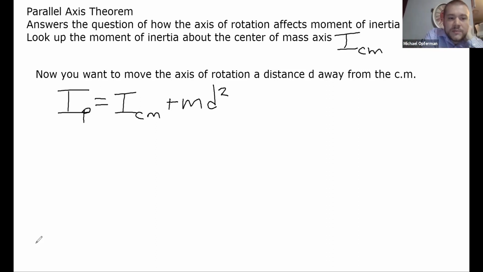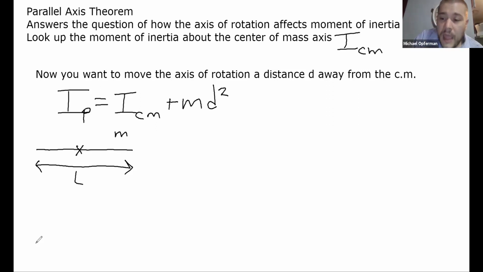Let's say we have this pen, and we're just going to imagine it is a uniform rod whose center of mass is in the middle, the length of the pen is L, and the mass of the pen is M.